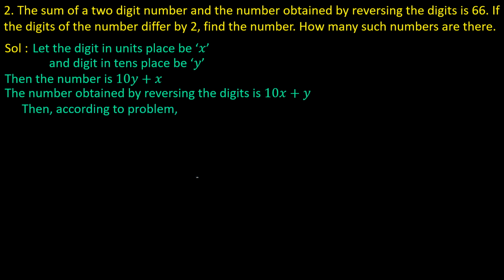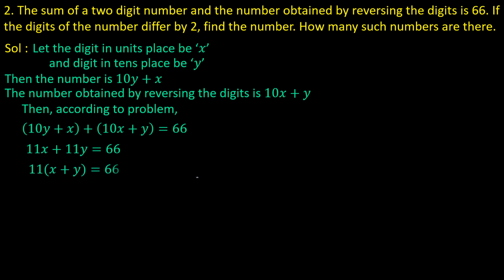So according to the problem, 10y plus x plus 10x plus y is equal to 66. Now x plus 10x is 11x, 10y plus y is 11y. So 11x plus 11y is equal to 66. And we can take 11 common on the left side, 11 into x plus y equals 66, and transfer 11 to the right side, that is x plus y equal to 66 by 11, which is equal to 6.